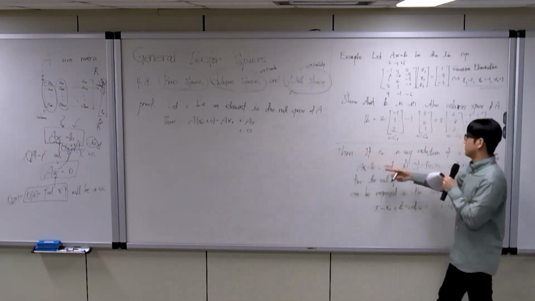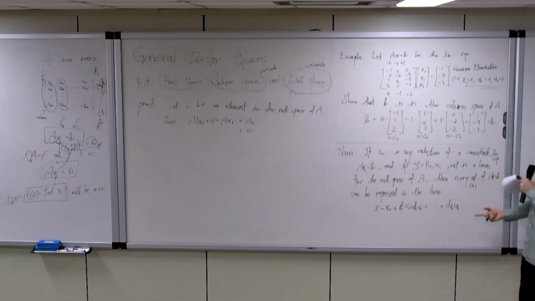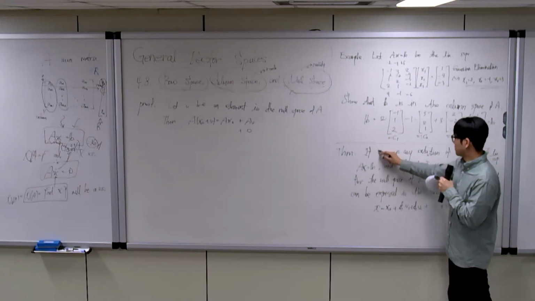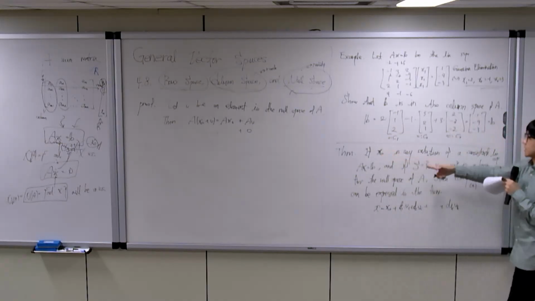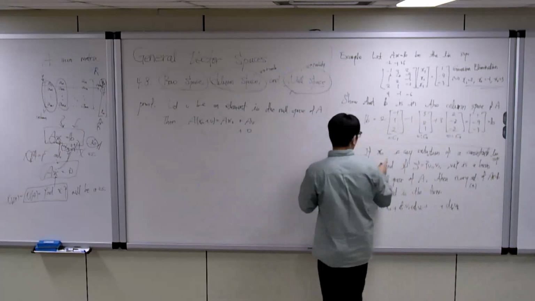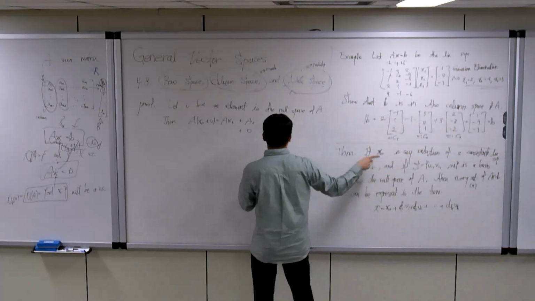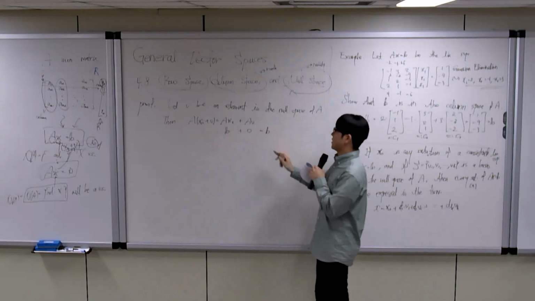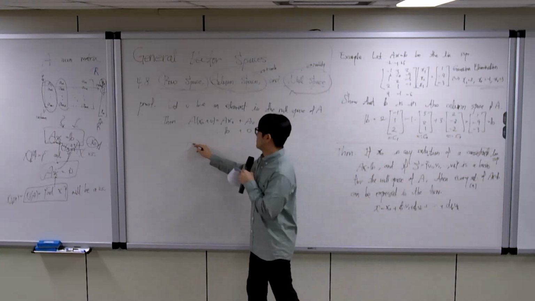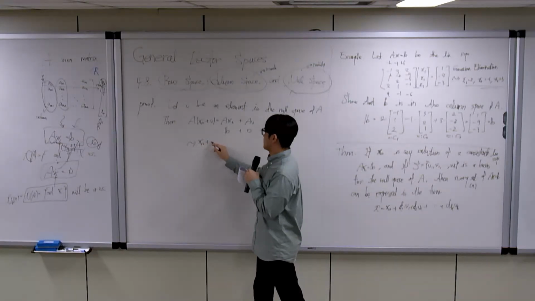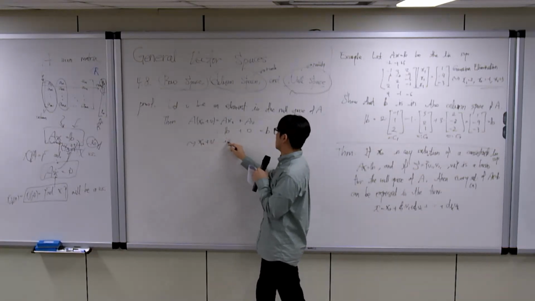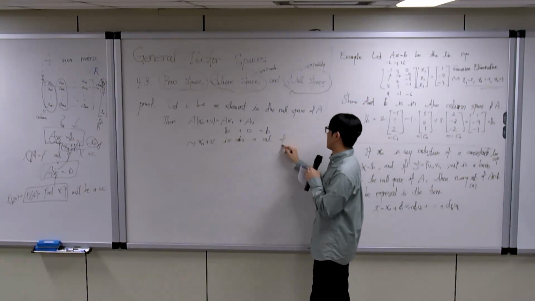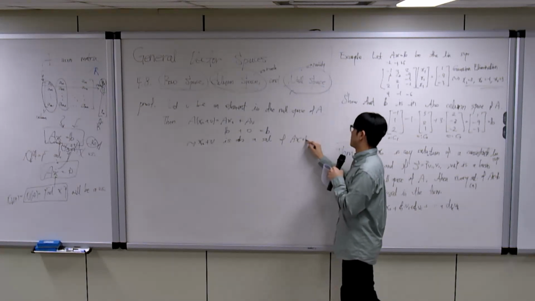In our assumption, bold x0 was a solution of the linear system, so it is b. That means x0 plus v is also a solution of the linear system Ax equal b.